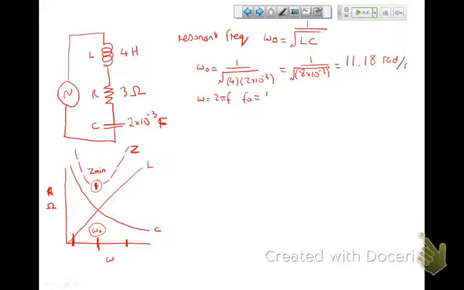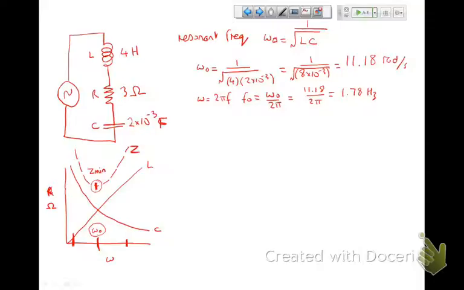It is equal to omega naught over 2 pi, which equals 11.18 over 2 pi, which equals 11.18 divided by 2, divided by pi, which is 1.78 hertz. This is not high frequency.